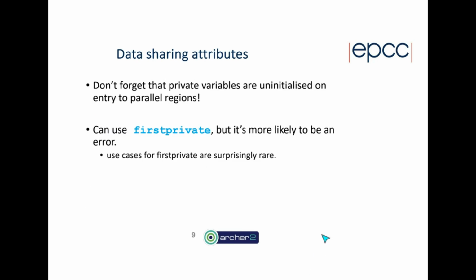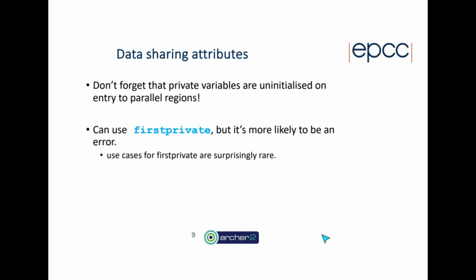Okay, so moving on to a bit about data sharing attributes. A pretty common bug: don't forget that private variables are uninitialized on entry to parallel regions. So variables that appear in a private clause on a parallel region or a task or other constructs.